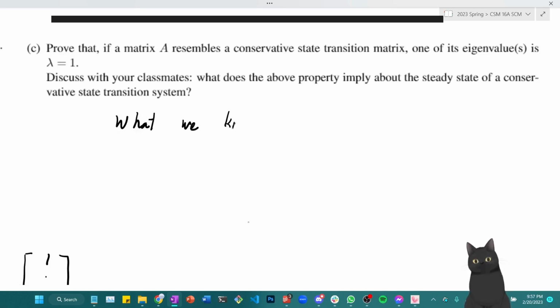I'm going to write a couple of bullet points under this section called what we know. First of all, A is a conservative state transition matrix, which I'm going to write in shorthand as ST matrix. This means that its columns sum to 1.